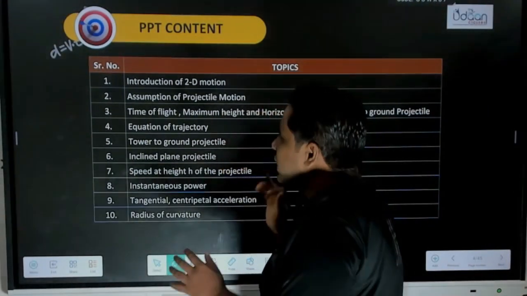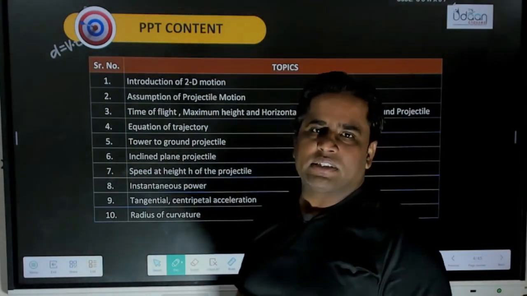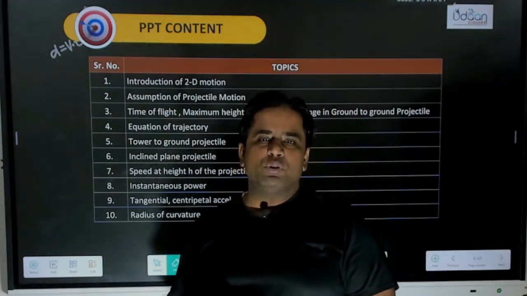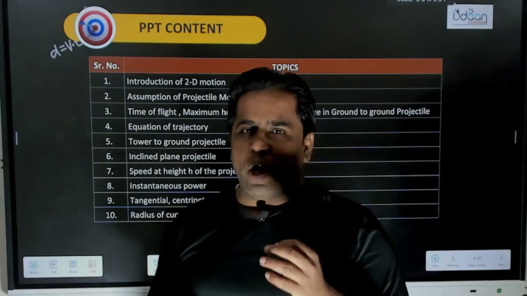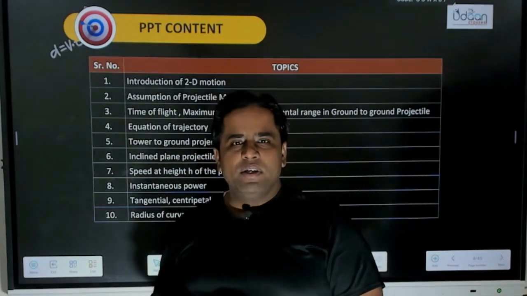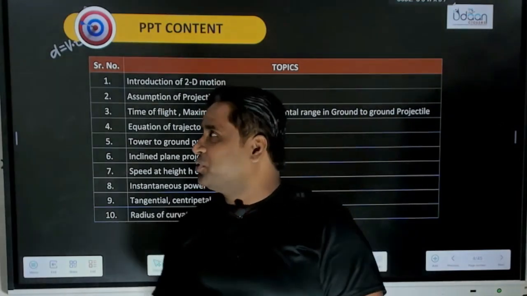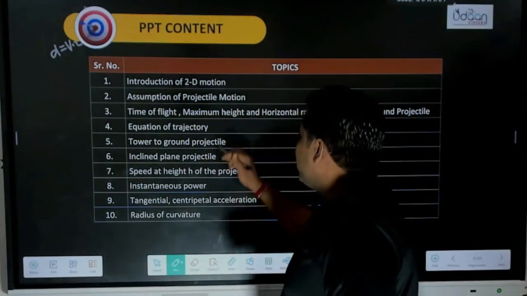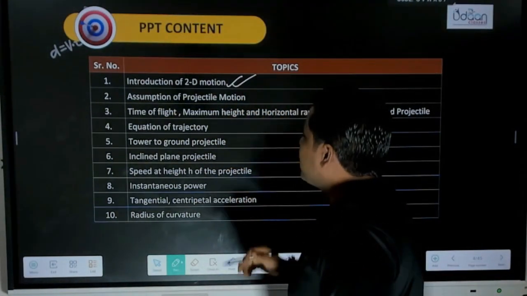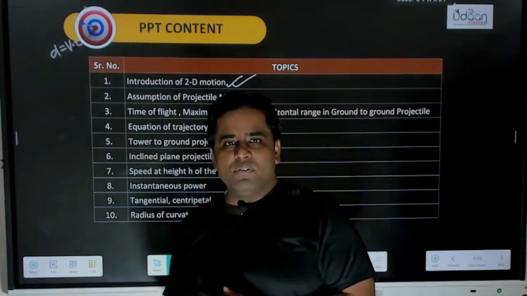Here we have already done the 1D part, meaning straight line motion. In the straight line motion we went through uniform motion, uniformly accelerated motion and uniformly non-accelerated motion, right students? Here in this topic we are starting with the first part, which is the introduction of 2D motion. Why so?